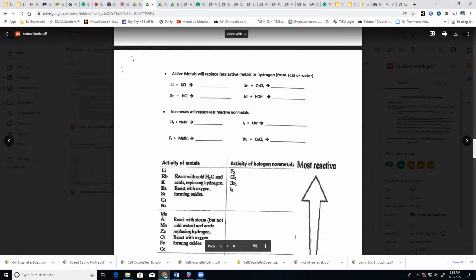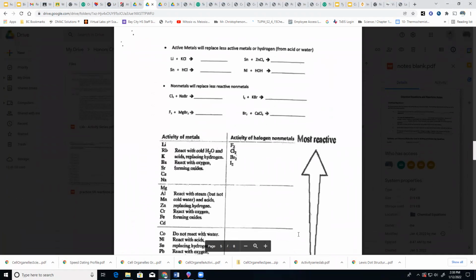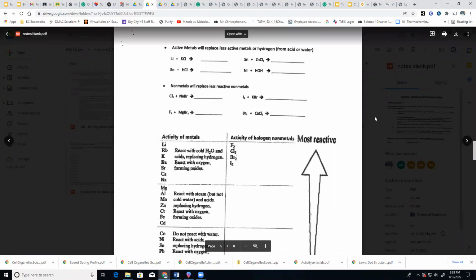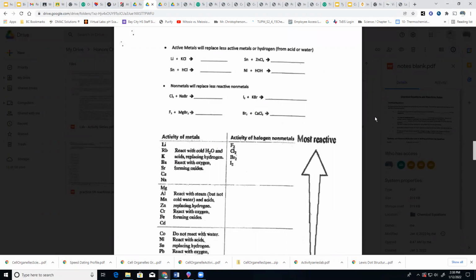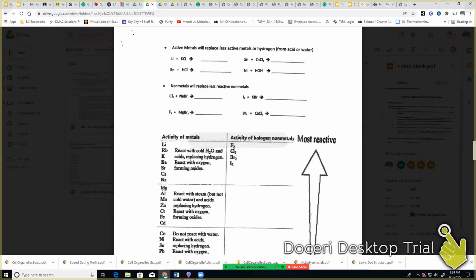All right. So on the first set, these are metals trying to replace a metal. Like I said, hydrogen's the exception in here. So on this one, I have lithium. And so in potassium chloride, potassium's a metal. So lithium is trying to kick out potassium.